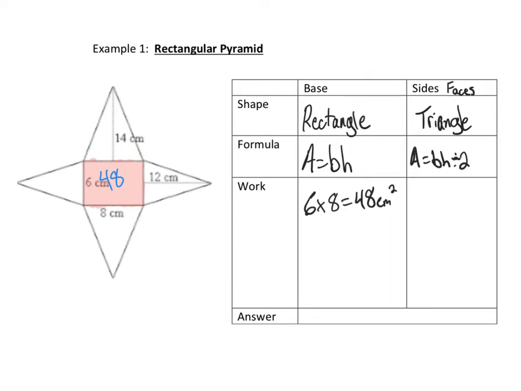So I'm going to color code that to help me see. Color coding is a good way to help you separate different shapes because all those triangles kind of look alike.